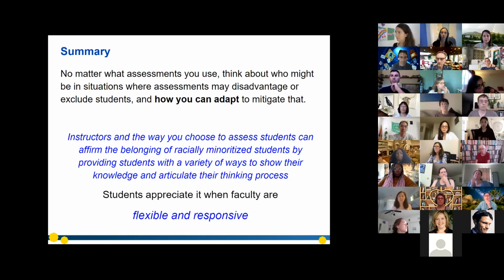And so whatever you can do to create that climate in your classroom that makes you approachable, makes students feel like they can come to you if they're in trouble, or if they're struggling, or if they're having any issues. And so finally, we know that students appreciate when faculty are flexible and when they're responsive, and so they hear you. They do respond to that, and when they know that you're responding to them, it does make a difference in terms of their attitudes.